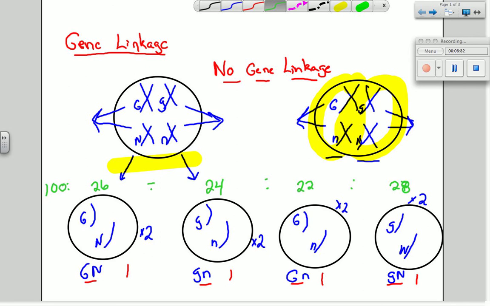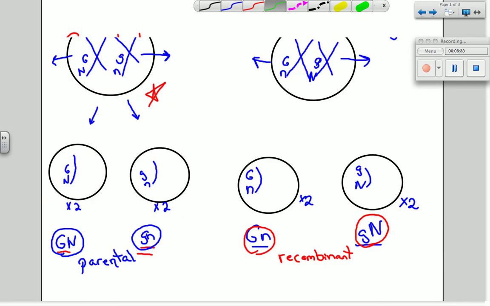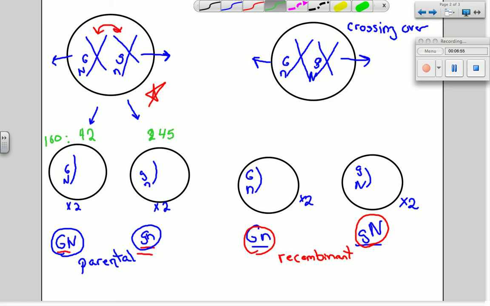However, if we go to our second example, if I were to look at these and I saw out of my 100 babies that approximately 42 of them displayed the dominant phenotype for both, and about, let's say, another 45 looked like this. So far, that's a total of 87 offspring.